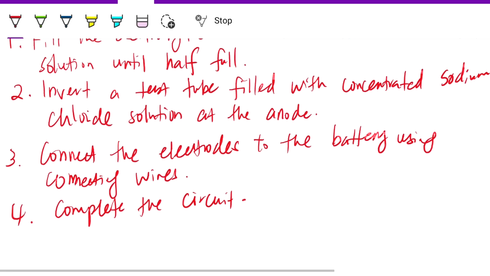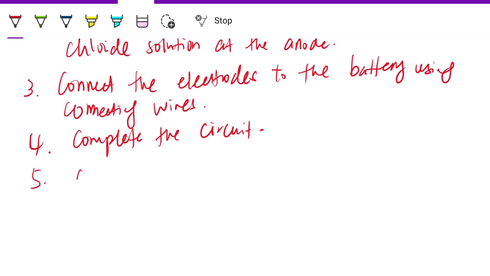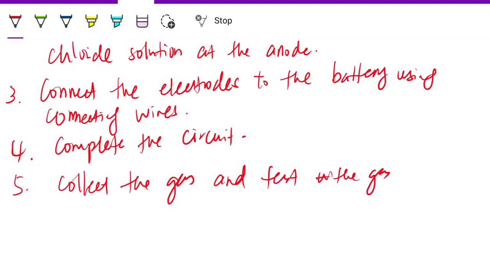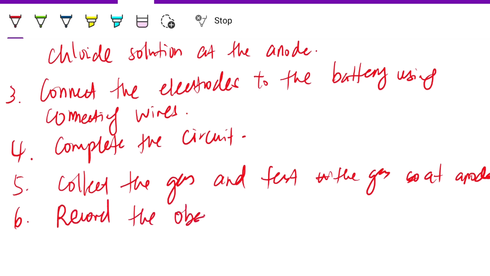Then we collect the gas and test the gas collected at the anode. Then after that, record the observation.